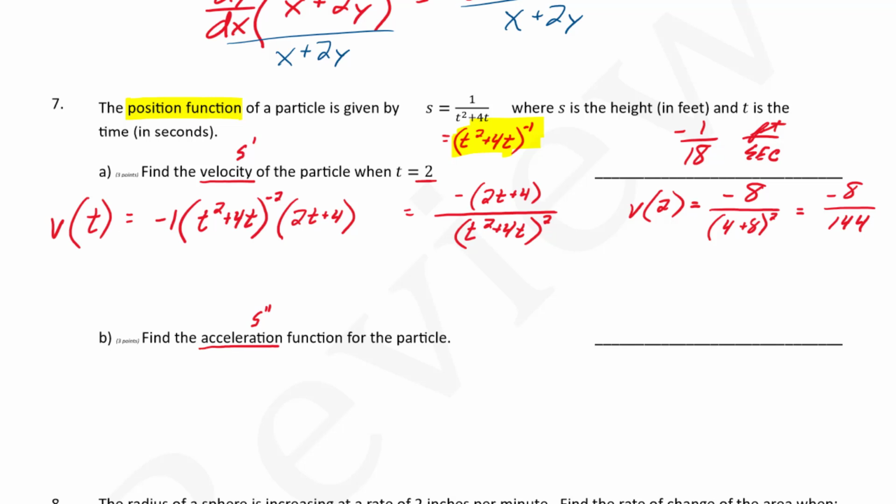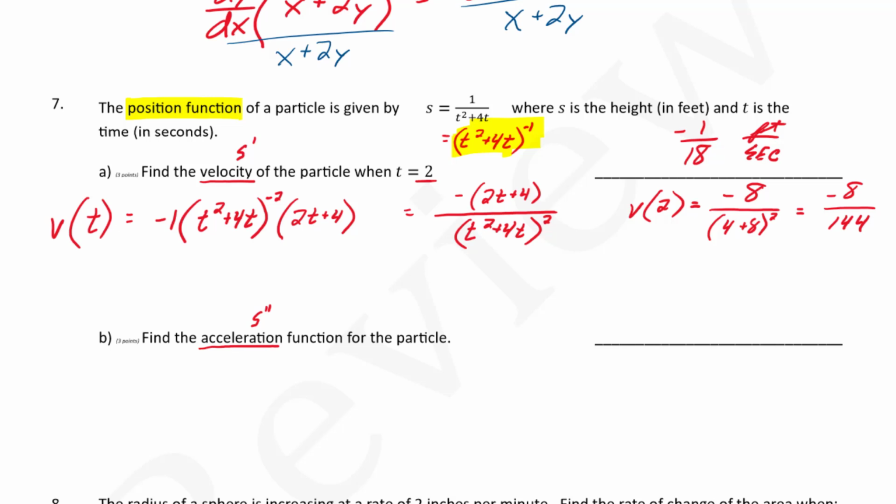So it's kind of slow. It must probably be near a high point if it was going up to begin with. I don't know, we'll find out if we looked at a graph of this. But again, this just wanted us to identify the velocity at that moment in time. We got our velocity equation, plugged the number in, and simplified, and we got -1/18 of a foot per second.